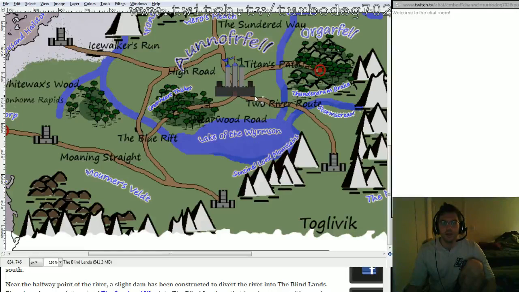Basically, the inhabitants of the tribes had to challenge the storm giants that were originally on the mountain. The champion of the storm giants was this guy who was said to be almost more beast than giant.